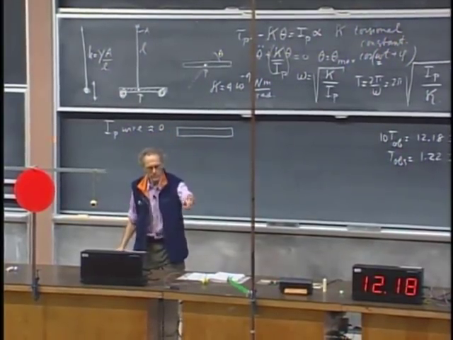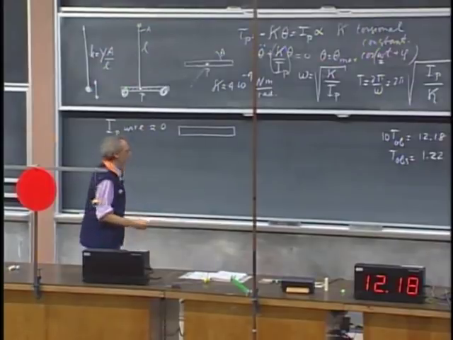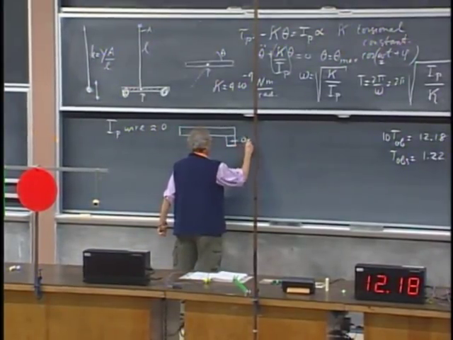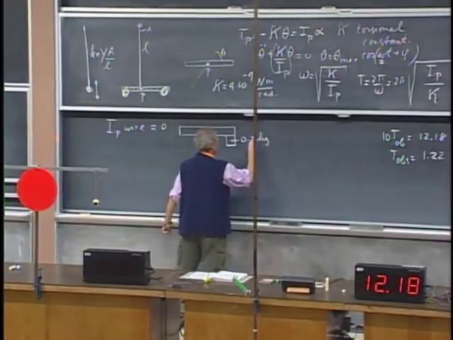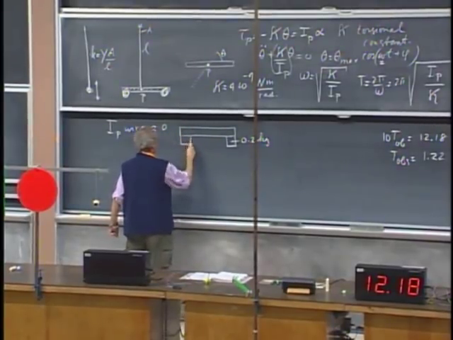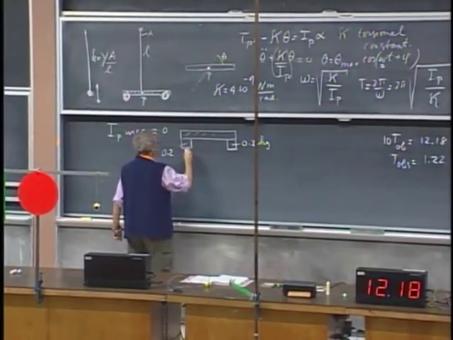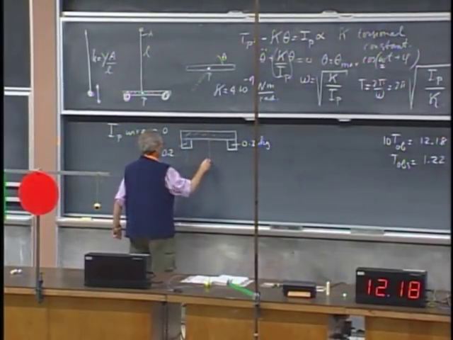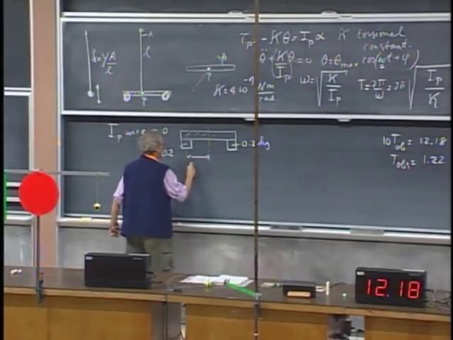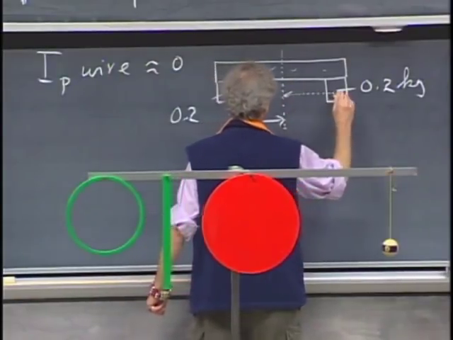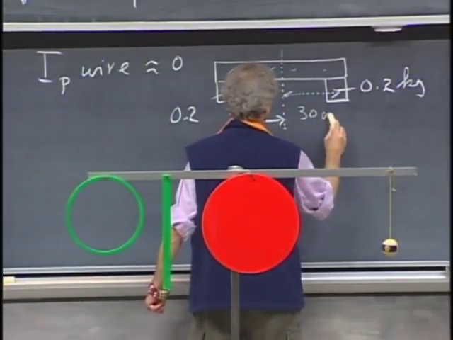You'll see it there. And it has on both sides 200 grams, 0.2 kilograms. And this mass is almost negligible. And this distance here is 30 centimeters, and this distance is 30 centimeters.